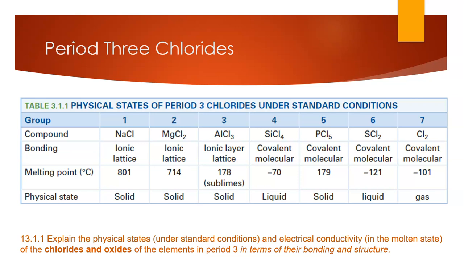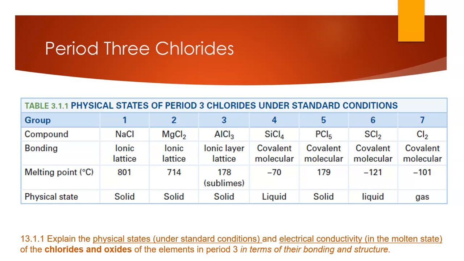So if we look at our chlorides, we see that we have sodium chloride, magnesium chloride, aluminium chloride, silicon chloride, phosphorus chloride, sulfur chloride, and then chlorine. As we saw with the oxides, we tend to see ionic compounds forming in group 1 and 2. We get an ionic lattice structure, a layer lattice structure with aluminium chloride.